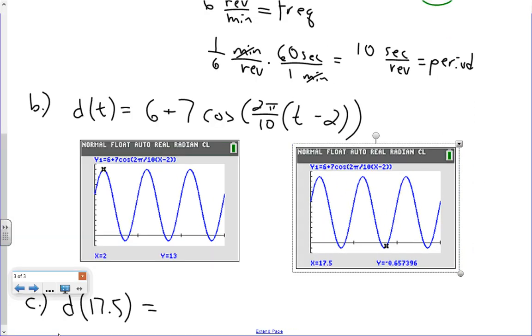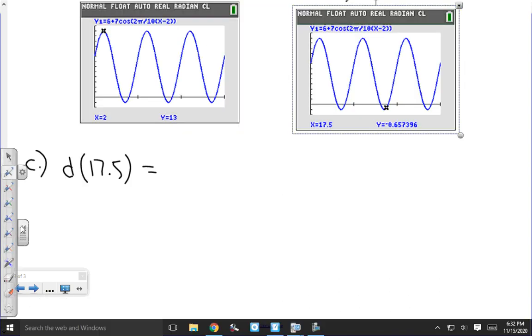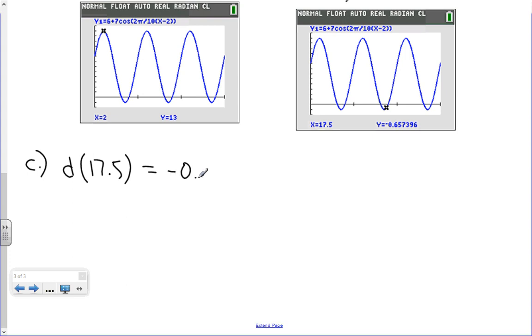So 17.5 seconds, that's a negative 0.657. That would be in feet. All right, so we're 6/10 of a foot below the water. 6/10 of a foot is what, like 8 inches below the water? But we're on our way up. That's what we've determined. Okay, so we're on our way of coming out of the water there.